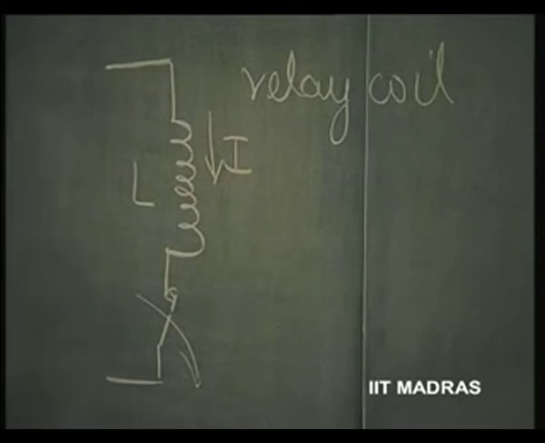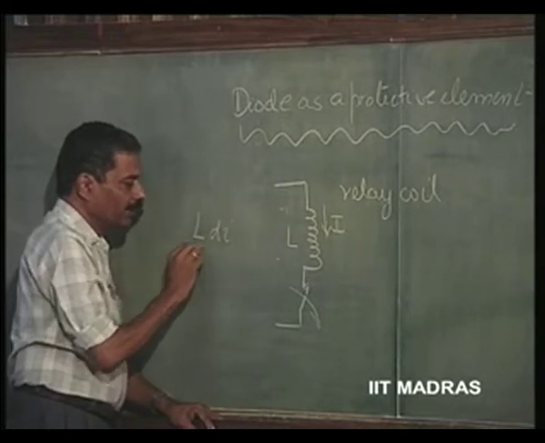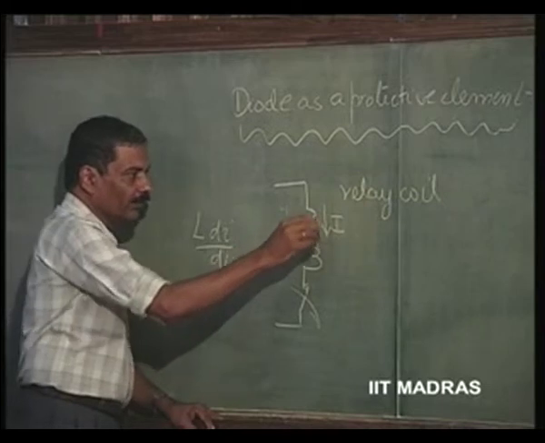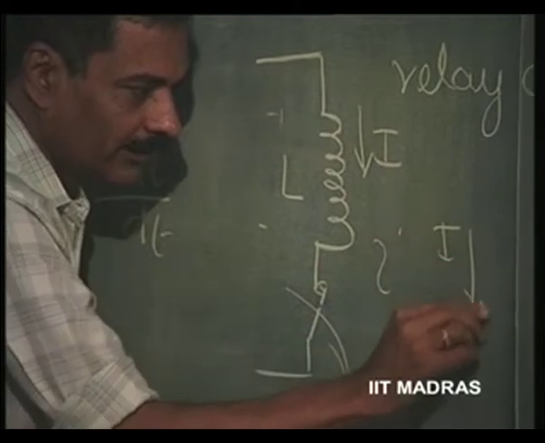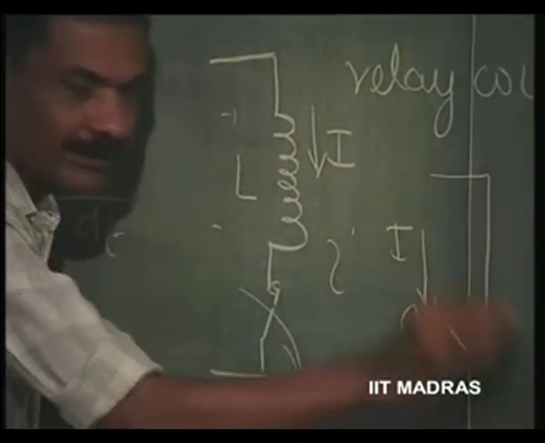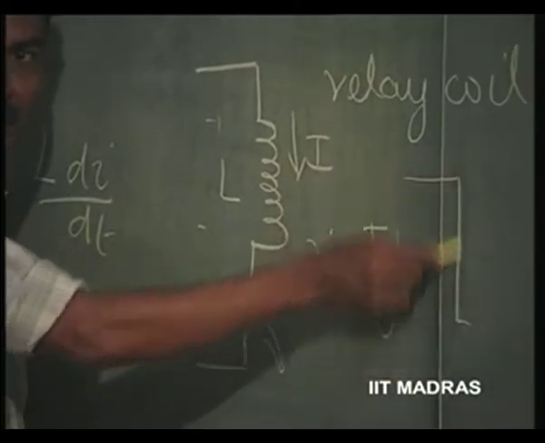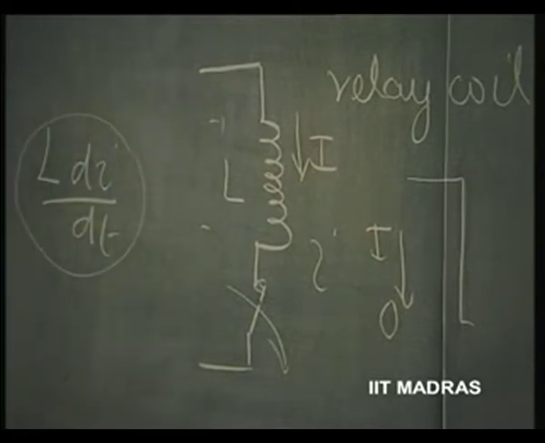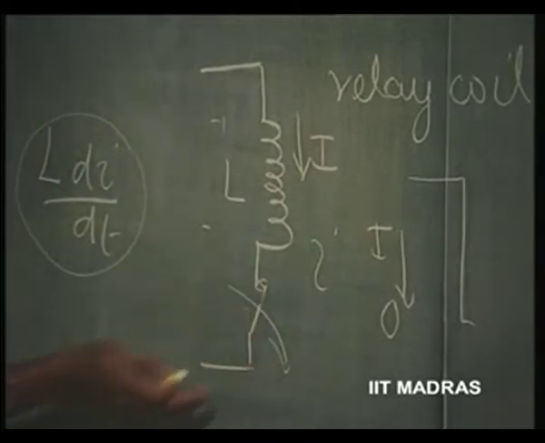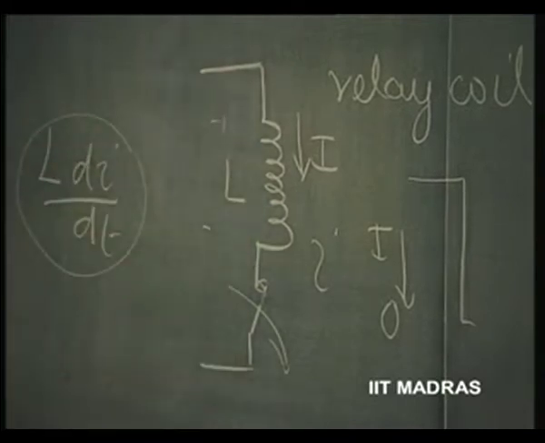The voltage across an inductor is L dI by dt. The current therefore suddenly becomes 0 from I, a sudden drop in current. So, that means dI by dt is infinity. That means the voltage across the inductor becomes infinity. What does it mean? When I try to open this switch, this current tries to continue to flow, because current in an inductor cannot be changed suddenly.